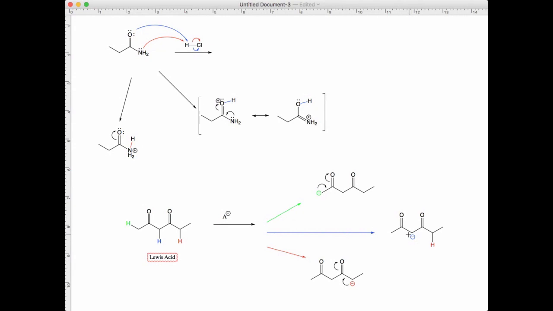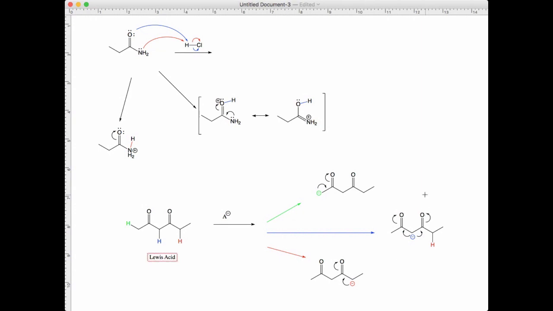And the negative charge, the conjugate base with the negative charge in this carbon, this can be stabilized toward this carbonyl, but can also be stabilized toward the second carbonyl, because it has two ways of delocalizing, toward the left and the right side of the molecule.